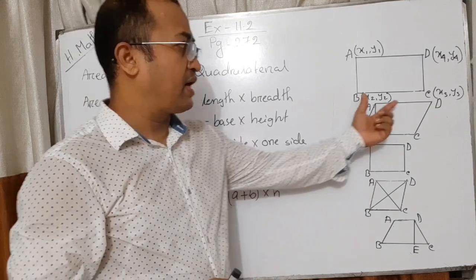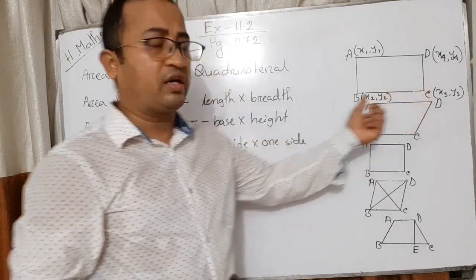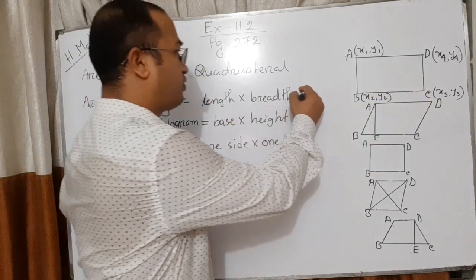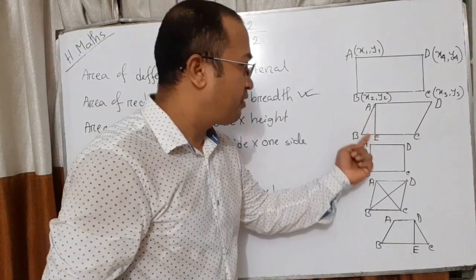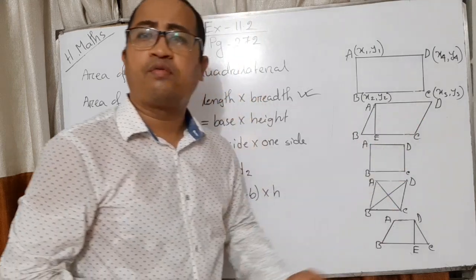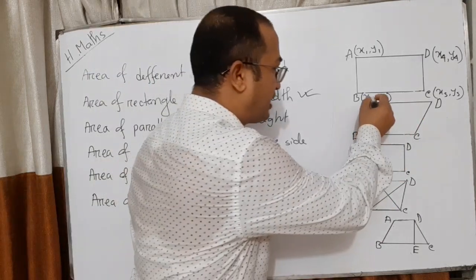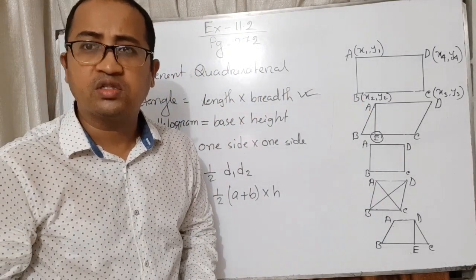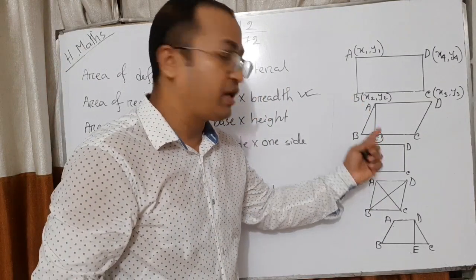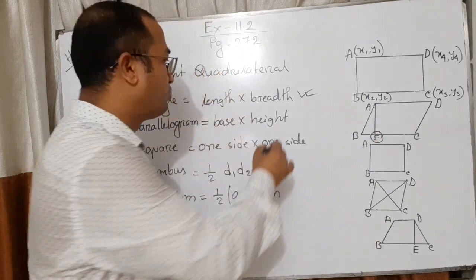Now look, you can find out the length and breadth, so you can use the formula of length and breadth to find out the area of a rectangle. But in the parallelogram, can you find out the height AE? No, you cannot find out the height because you don't know the coordinates of E. So you cannot use this formula.